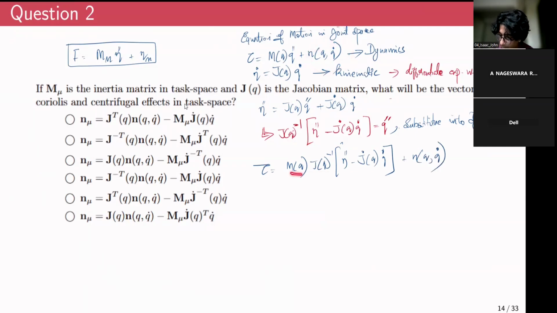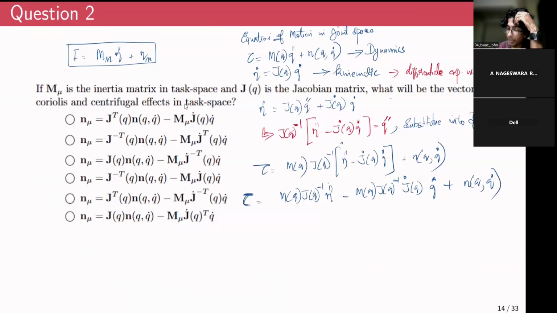Now, if I expand this bracket, what I get is tau equals M of q, J of q inverse, eta double dot, minus M of q, J of q inverse, J dot of q, q dot, plus N of q, q dot. This would be your tau.